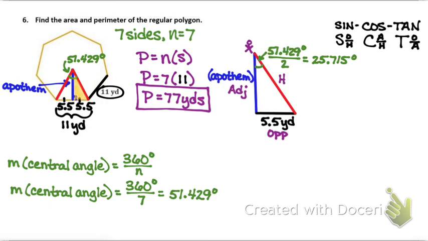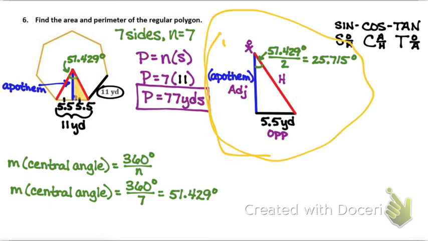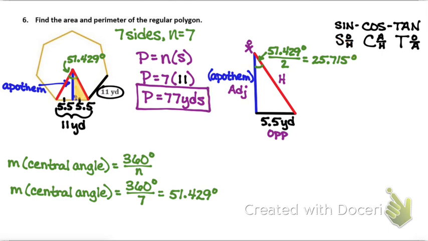Now I've drawn our zoomed in triangle over here, and that is a right triangle formed by the apothem and half of the side of our 7-sided polygon. Then I found the angle that we are standing at. That's going to be half of the central angle, so half of 51.429 degrees, which is 25.715.